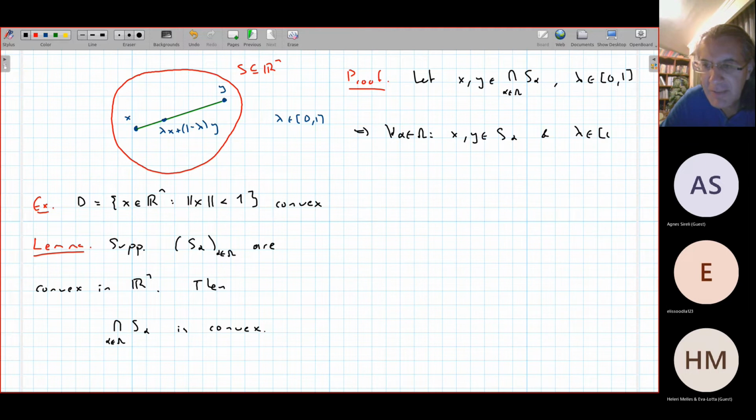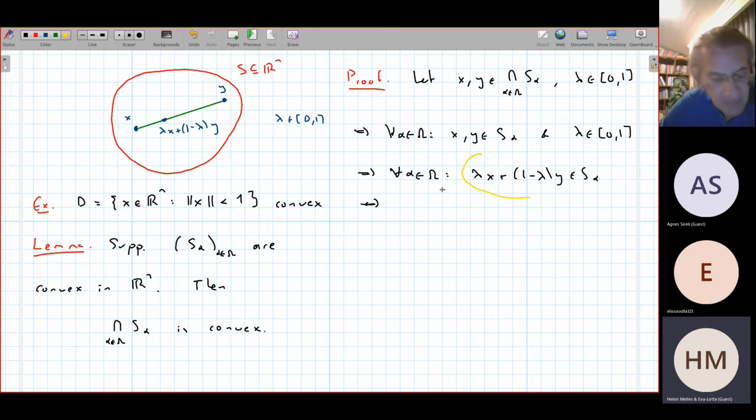And you remember that lambda is between 0 and 1. And here is where you use convexity. So since S alpha is convex, then for every alpha in omega, you have that lambda X plus 1 minus lambda Y is in S alpha. And this happens for every alpha.